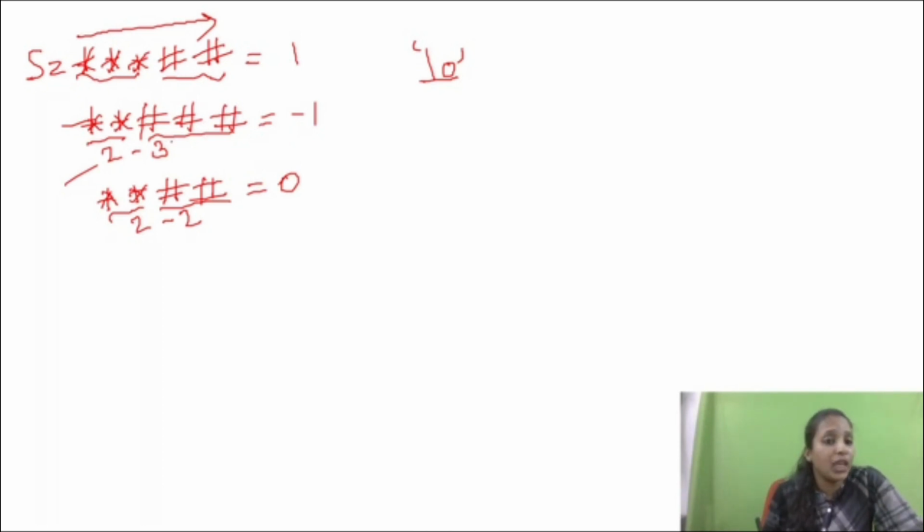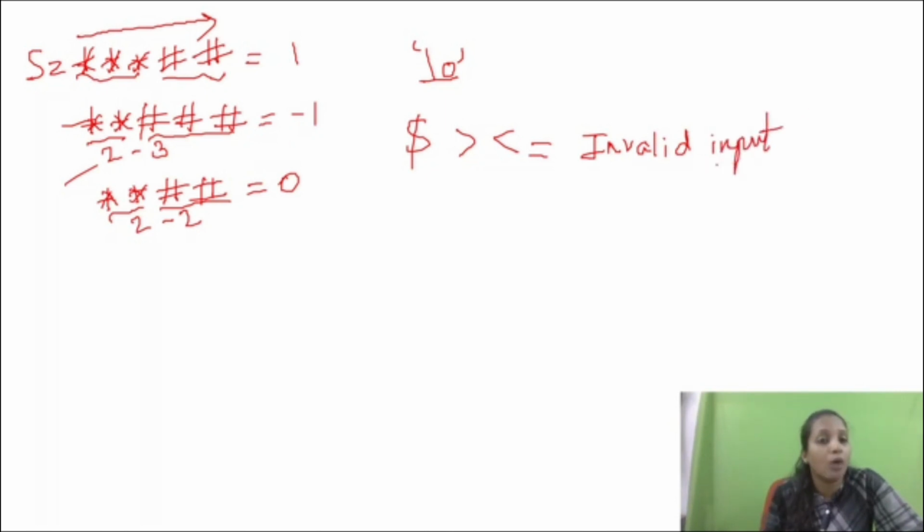What if the user enters, in spite of giving an instruction, anything other than star and hash? Then if it is a dollar, a greater than or a less than, an equal, any symbol, it doesn't matter. It should result in an invalid input, right? So how do we handle this condition?